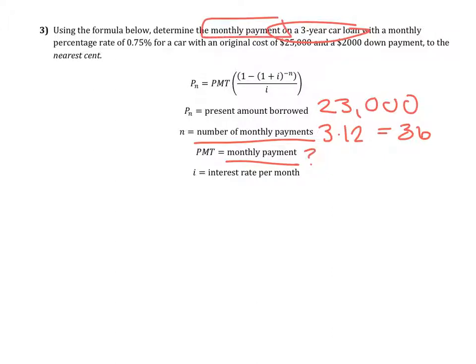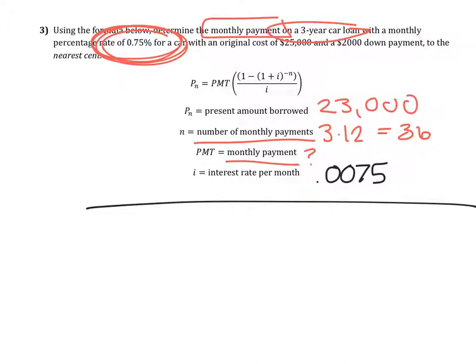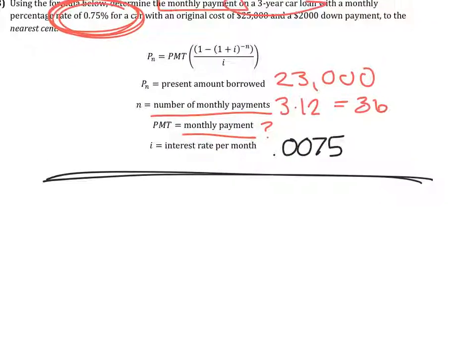So I'm going to put a question mark. We shouldn't know that one. And I is the interest rate. Notice, they're sneaky again. What they give you is a percentage, not the rate. Okay, the actual rate, we're going to be at 2 decimal places, of course, so 0.0075. Okay, so now that we've identified the players, let's slow down and plug them into that formula.